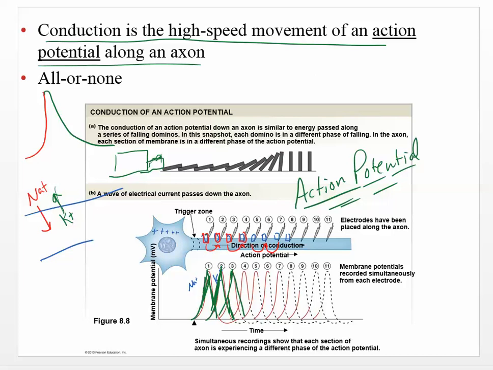Once you've depolarized the first voltage-gated sodium channel, you just pass it on, and they all depolarize in the exact same way. It doesn't matter how big that first signal was, or how far over the threshold you were, it's just going to be boom, boom, boom, all the way down, falling just like dominoes. That's a really good analogy, because it also captures the point of all or nothing. It either goes or it doesn't, go or no go.